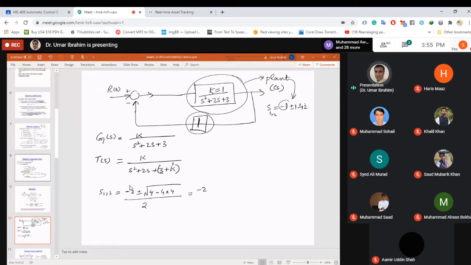So this will be minus 2 plus minus under root 12.